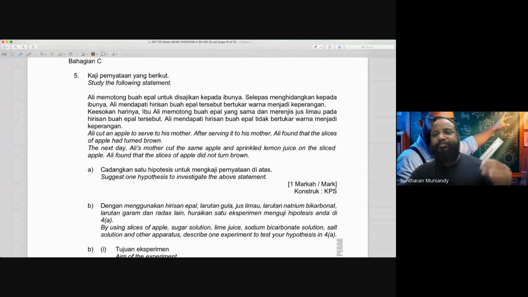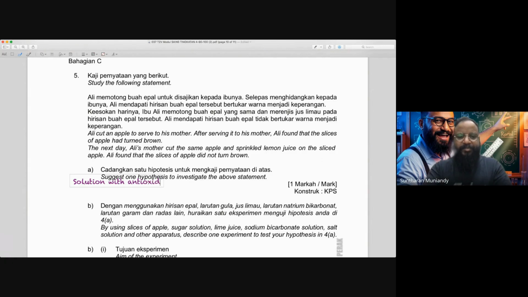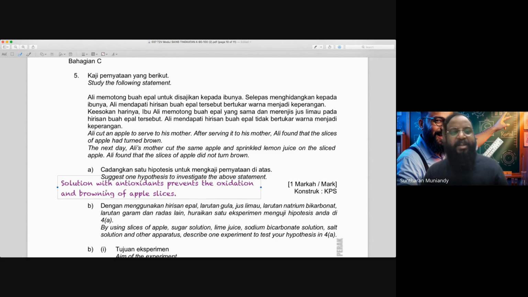Okay, hypothesis is: if the apple slices is sprinkled with lemon juice, or I go like this, solution with antioxidant prevents the oxidation and browning of apple slices.